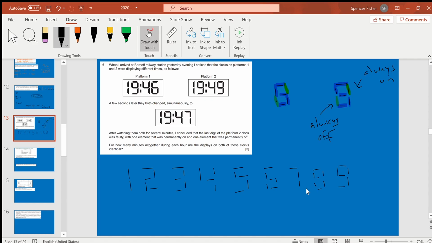So we're going to go through each of these to see, okay, is this bottom left one off? Is this top right one on? And then when that's the case, we know that we have one that works. So these are all of the possible numbers for the last digit, as well as 0.